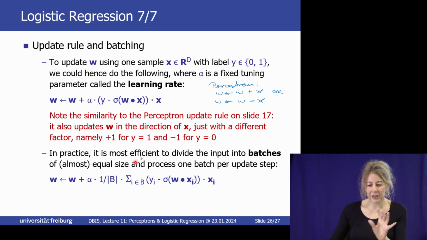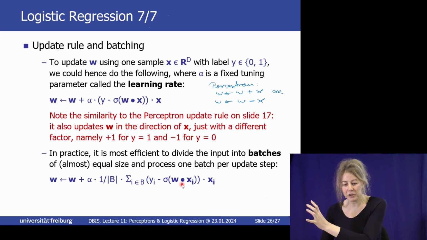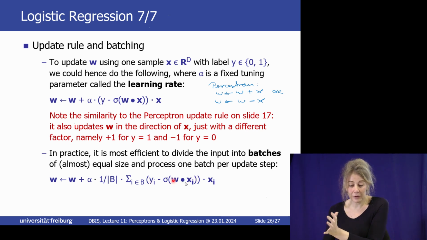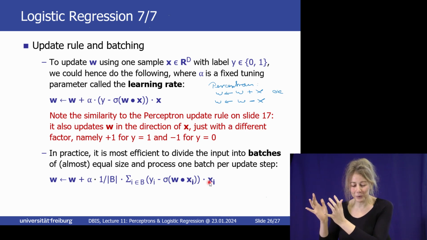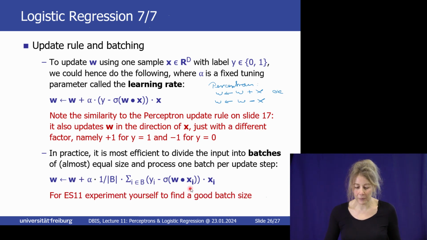It's really very easy. I have this gradient thing here, and now I just take 20 of my movies, 20 of my objects, compute it for each of them, this thing here, which is easy to compute, hard to prove, easy to compute, and take the average. And then I just change W a bit in that direction. Yeah? And experiment yourself with batch sizes.